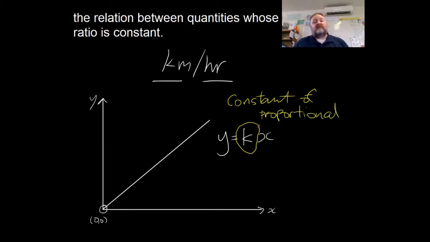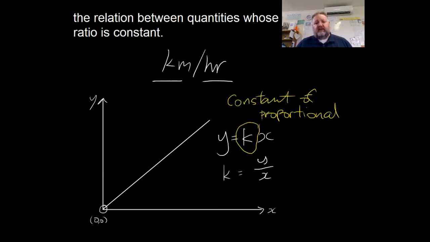In other words, it's the ratio that exists between the x and the y value. If we rewrite our equation, y equals kx, so that k becomes the subject, k is equal to y divided by x. So if we have our value for y and divide it by x, we get our constant of proportionality. Okay, very good.